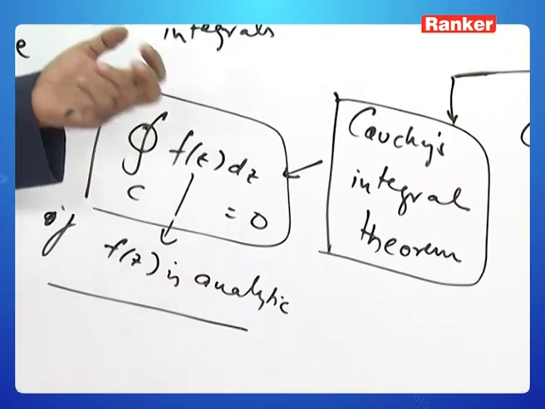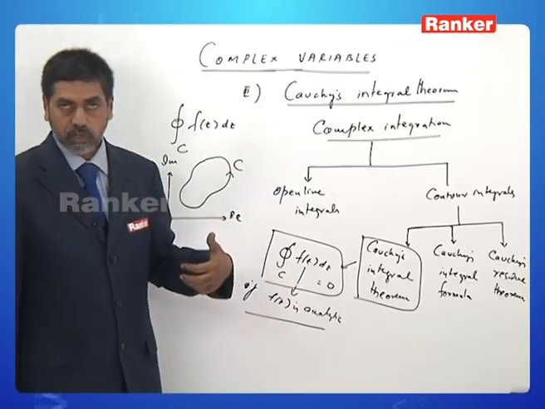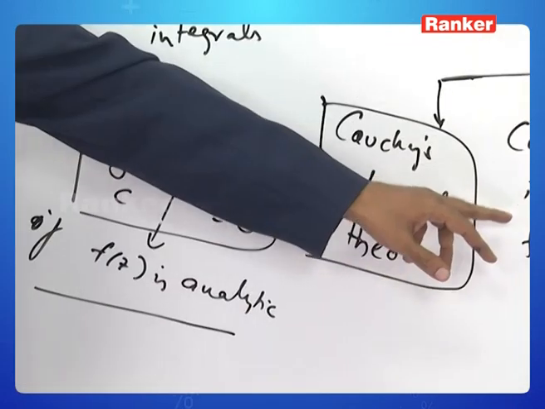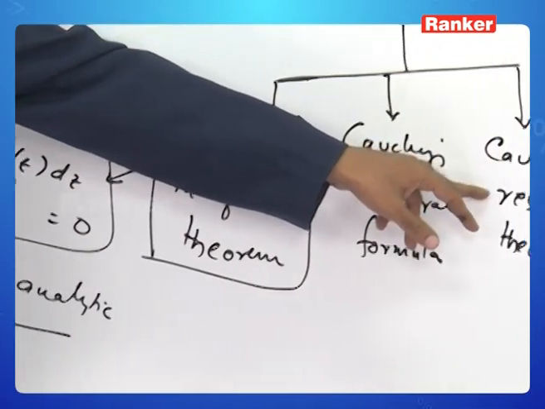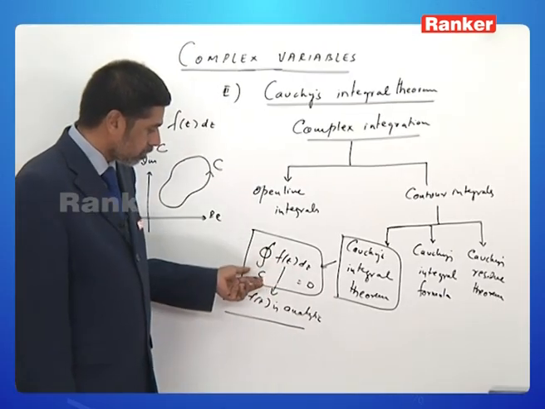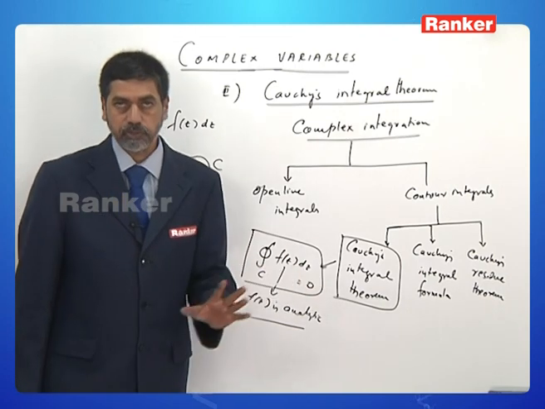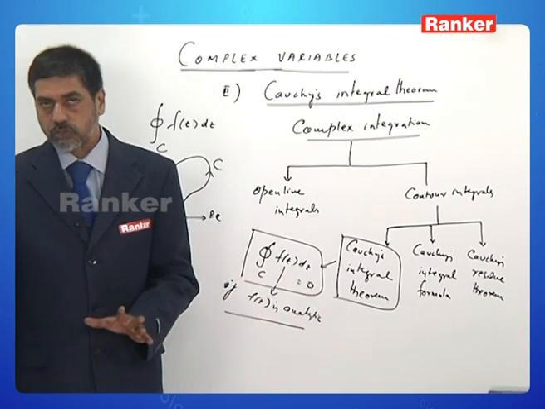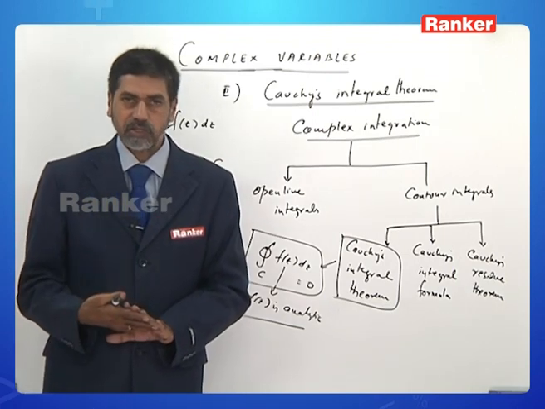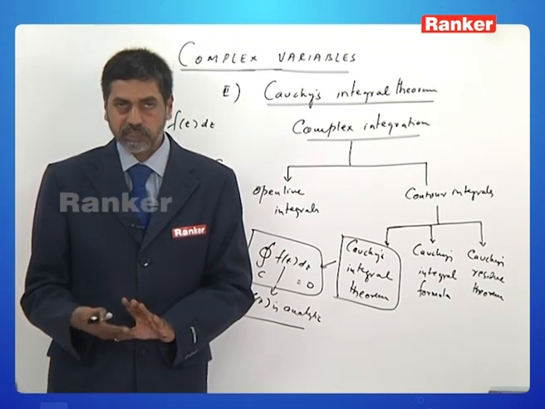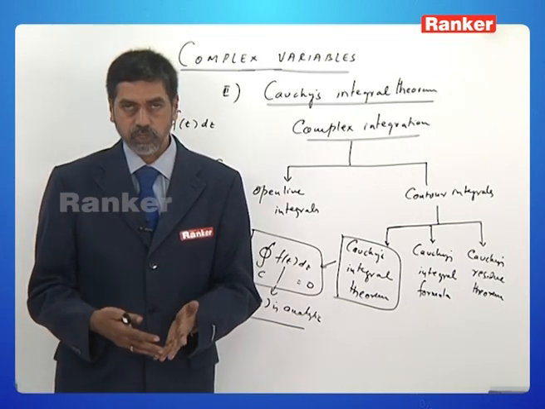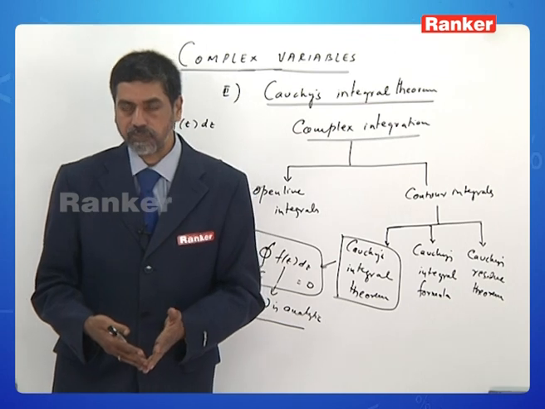When the singularities are inside the contour, you get non-zero outputs, and those can be estimated using Cauchy's integral formula or Cauchy's residue theorem. But if there are no singularities of the function inside the contour, then the output can be safely assumed to be 0. So, I will show you two problems where we have a function which is analytic, with no singularities in the indicated region, therefore the answers will be 0. Let us look at those examples.